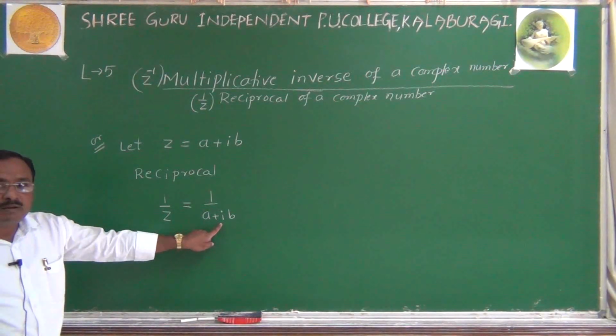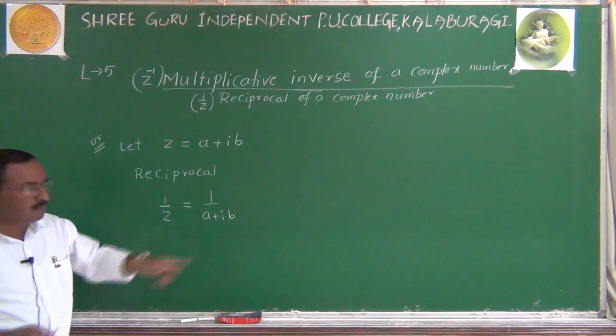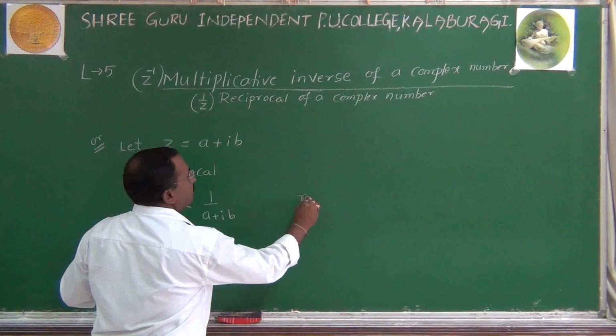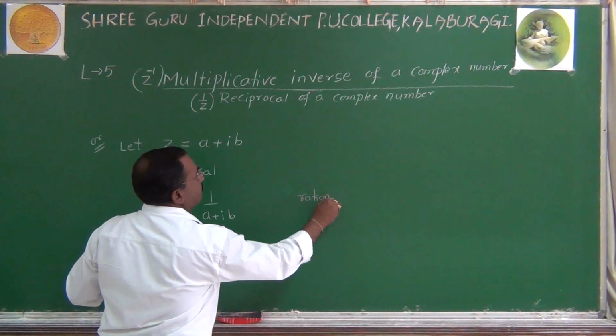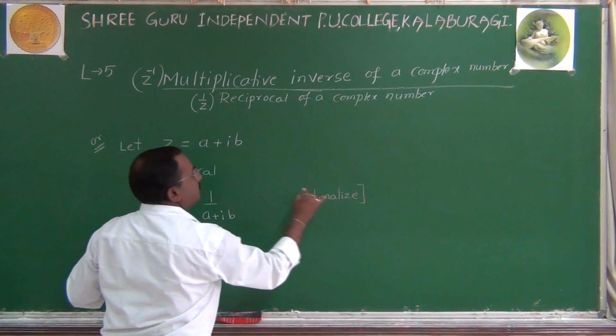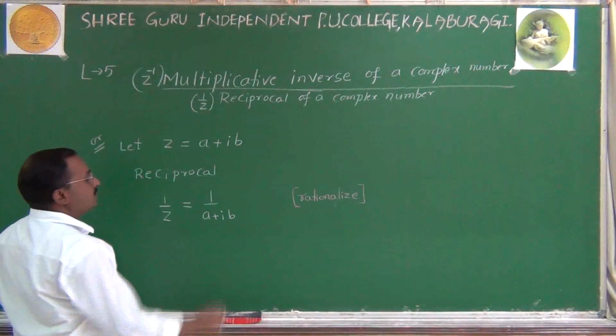Here, in algebra of complex numbers, for division of complex numbers, definitely we use rationalizing the function.